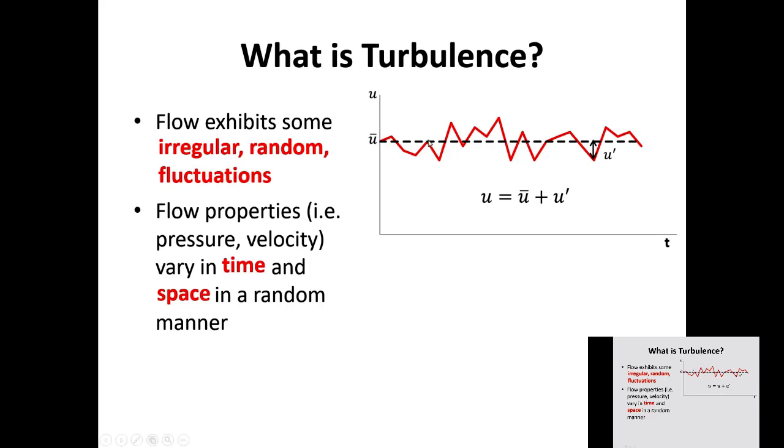So if you plot your u against t, this is what you will get in actual fact. The red line is u, and u bar is the average velocity. So you can define your u as u bar plus a random component, which could be minus or plus.